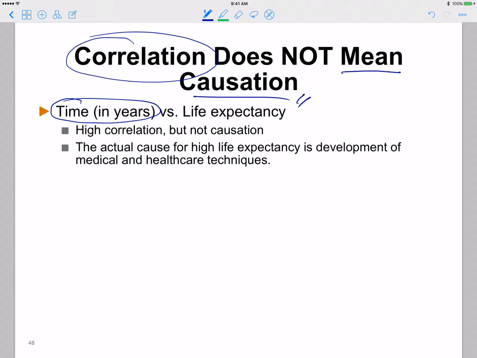So for those two variables, the cause or the reason for the increase in life expectancy is medical development, but not just the fact that time has elapsed or time has become more recent.